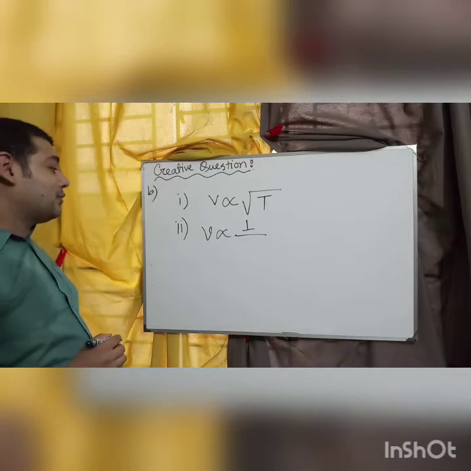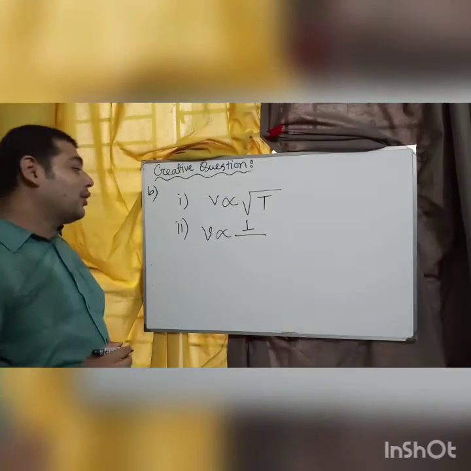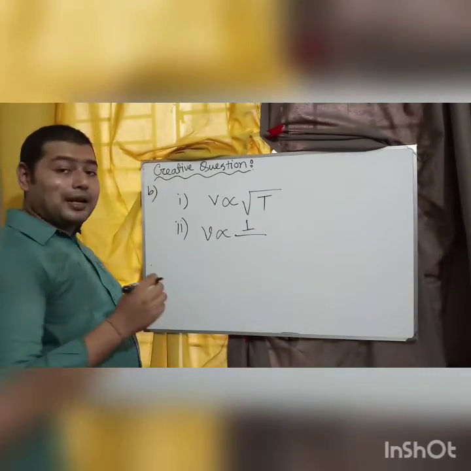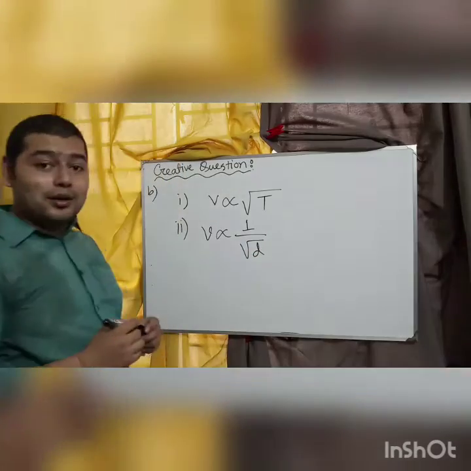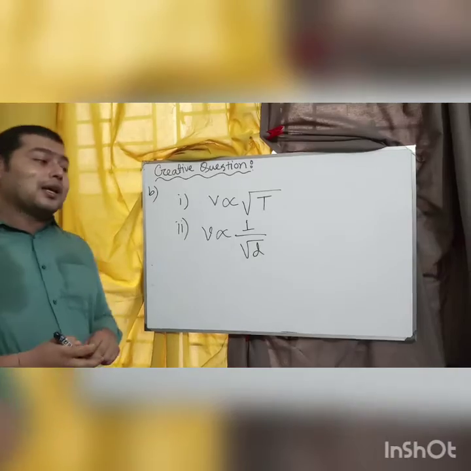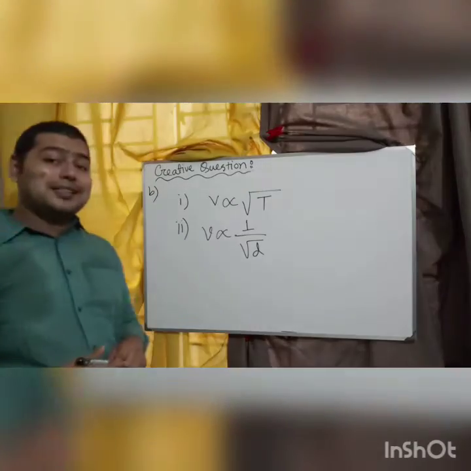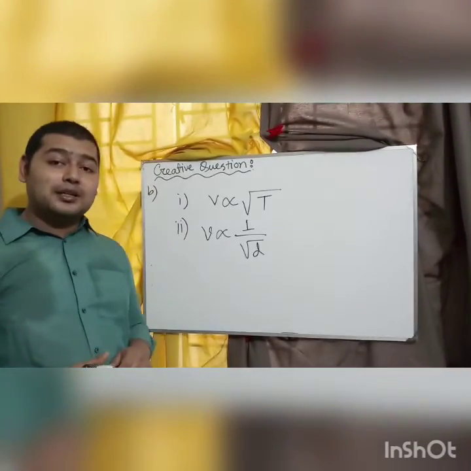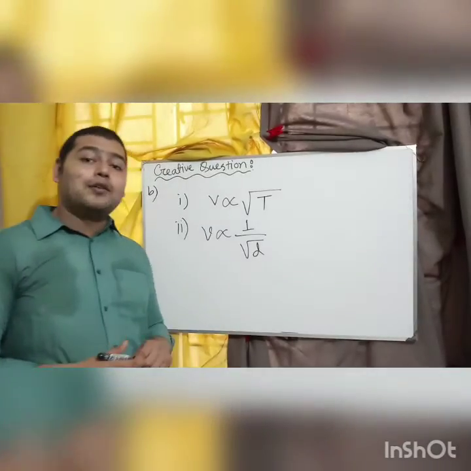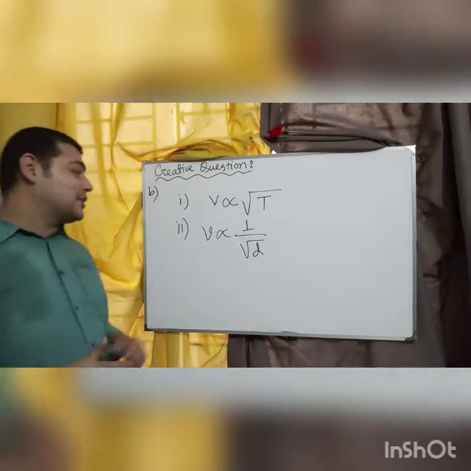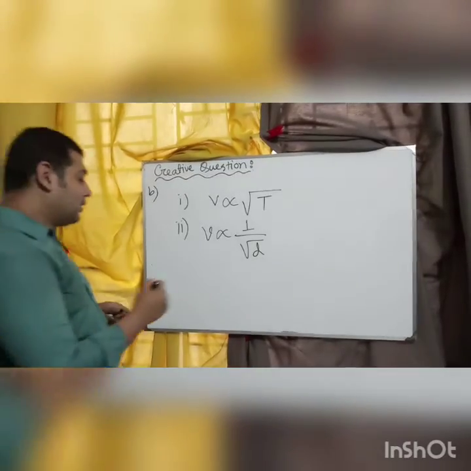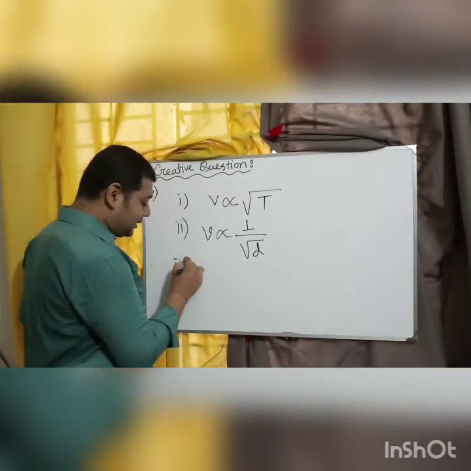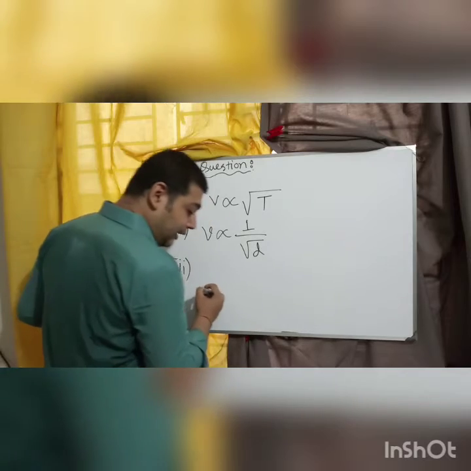The velocity of sound is also inversely proportional to the square root of the density of the medium. If the density of the medium is increased, then the velocity decreases, and if the density of the medium is decreased, then the velocity increases. Now the third is elasticity.